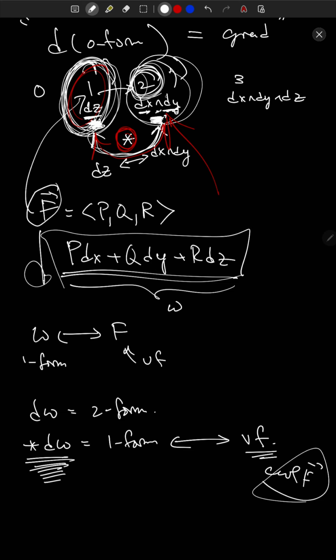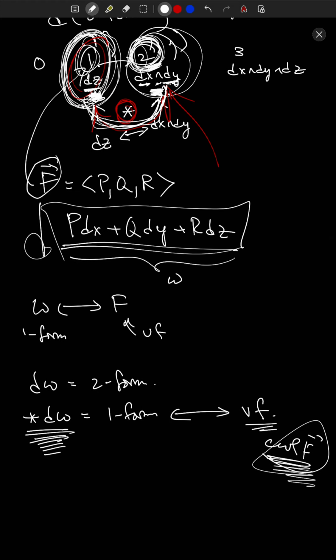So if you had, let's say, sine of blah, blah, blah, dx wedge dy, now when you do this star correspondence, you get sine of blah, blah, blah, dz. But if we were in 4 dimensions, then dx wedge dy would be missing 2 things, dw and dz. So you can't make this correspondence anymore. 2 forms would not have a correspondence with 1 forms in 4 dimensions. So this correspondence only works in 3 dimensions, and that's why the curl only exists in 3 dimensions.